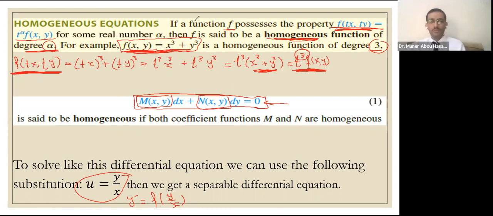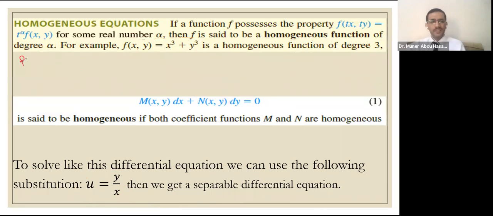My function f of x and y is x plus y squared. Let me choose another example, and I need to check if this function is homogeneous or not. What should I do? I'm going to write f of tx, ty.